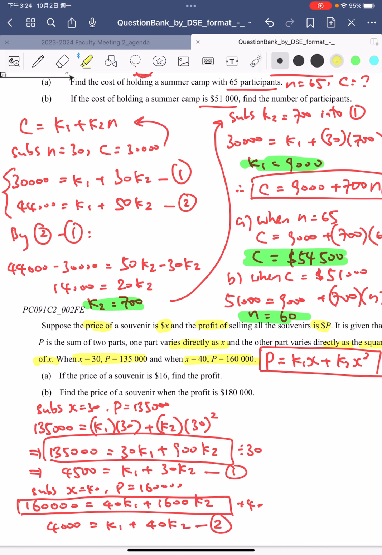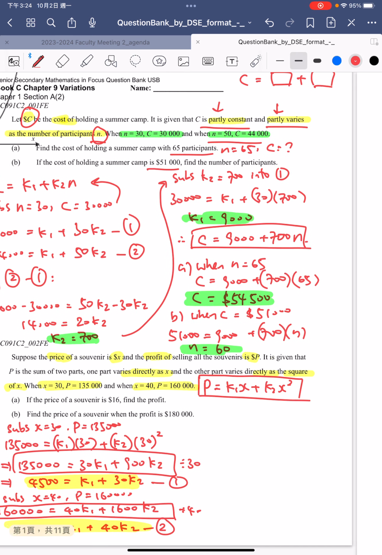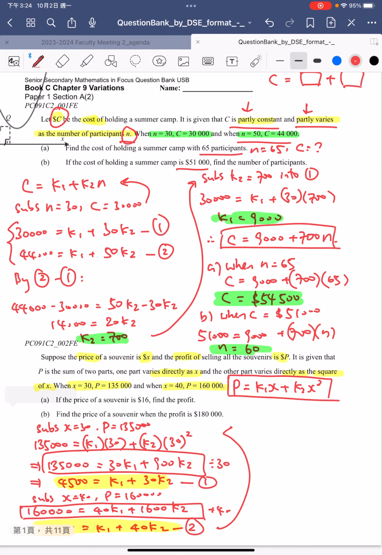So now we have formed two equations, a system of linear equations in two unknowns. Then we want to eliminate one of the variables. We can see that both of them have a K1. To eliminate it, we can use the second equation minus the first equation. So, go back to this line.